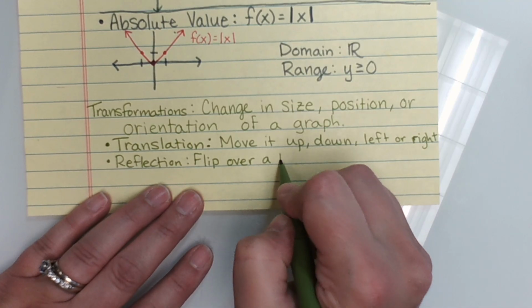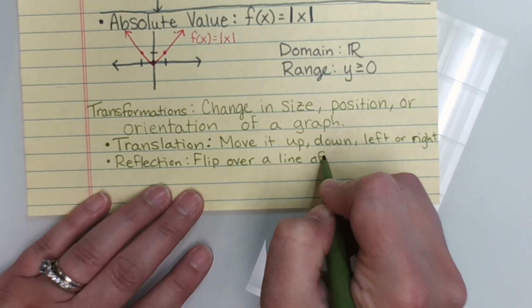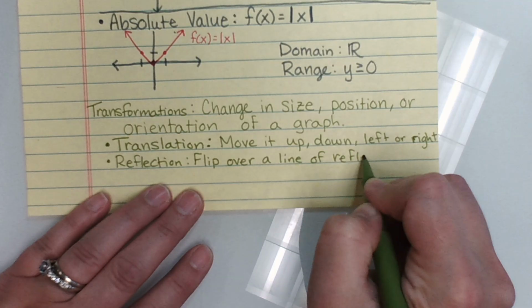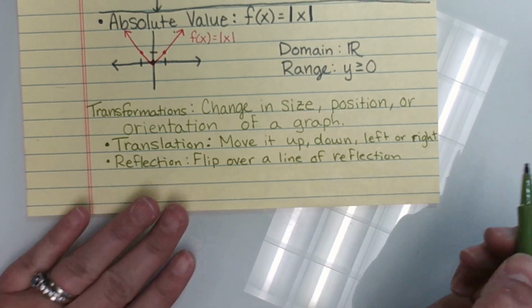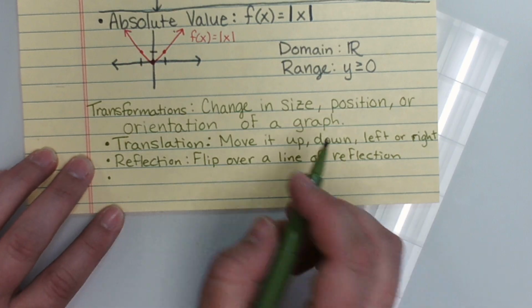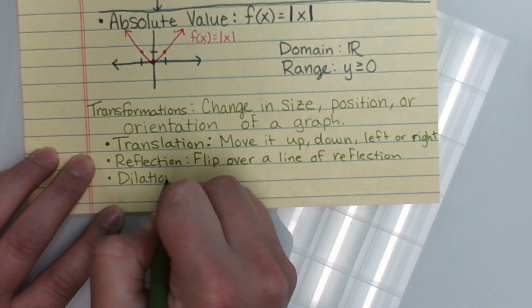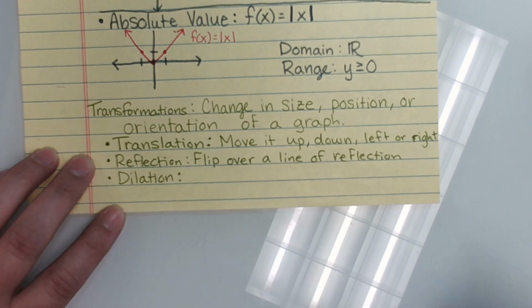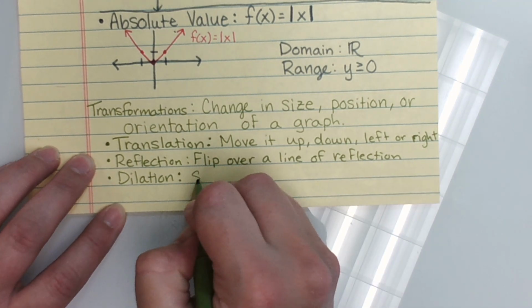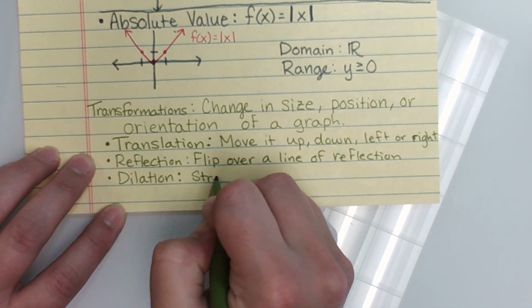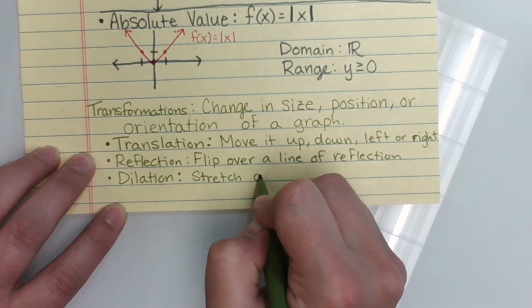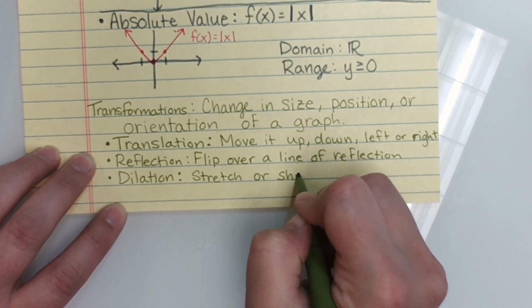It's called a line of reflection. And then there's the dilations, which is stretching or shrinking a graph.